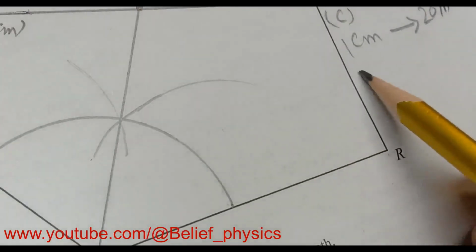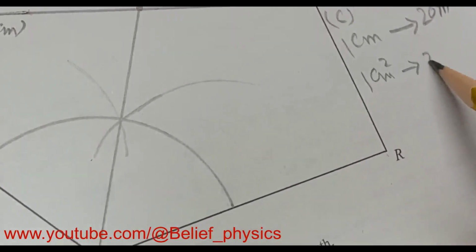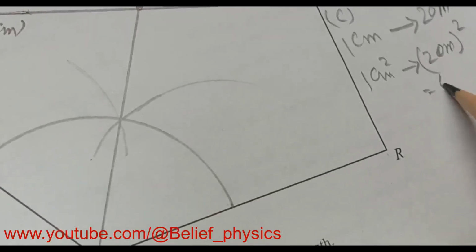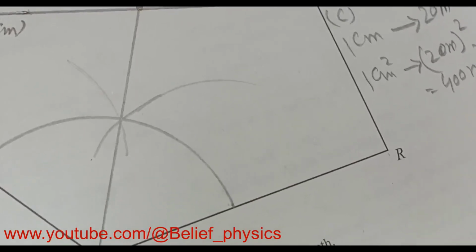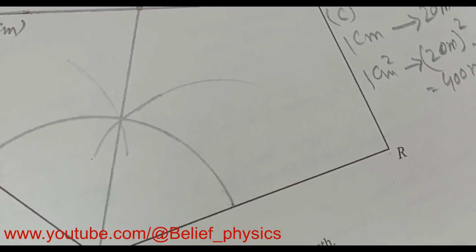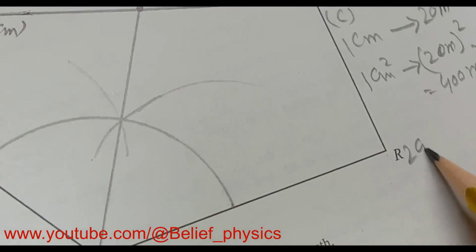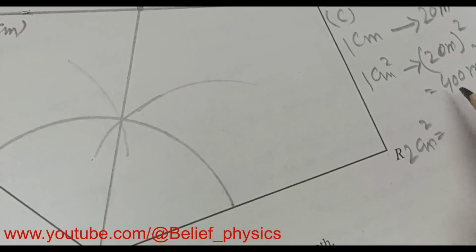So 1 square centimeter will represent 20 meters, I take square of both sides, 20 meters squared. So this is 400 square meters. If a plot of land is 2 square centimeters on the scale drawing, what is the actual? So 1 square centimeter is 400, and 2 square centimeters on the scale drawing, we multiply with 400.